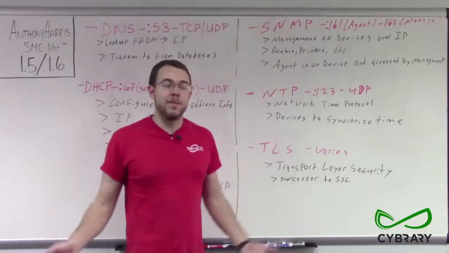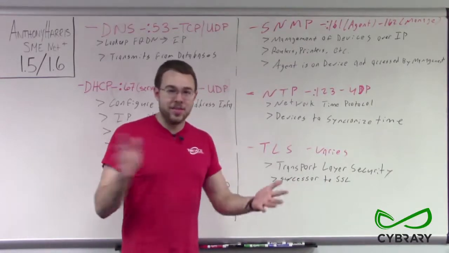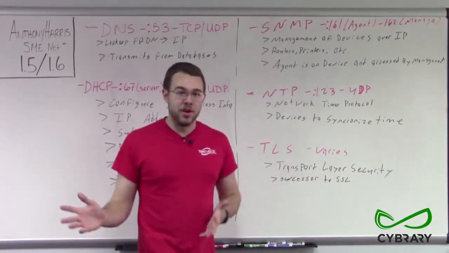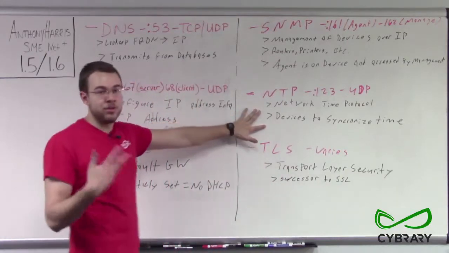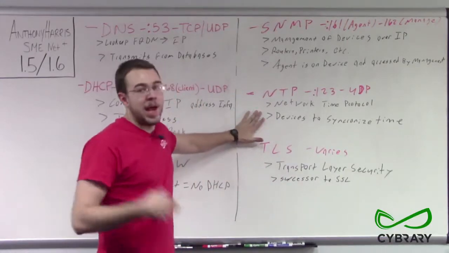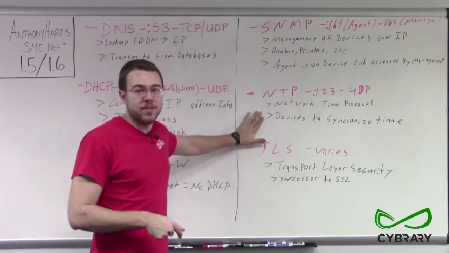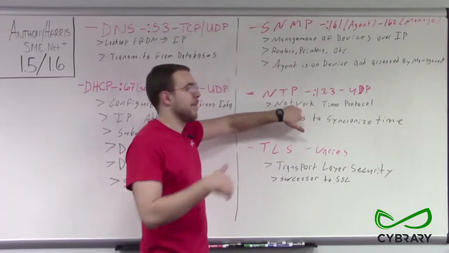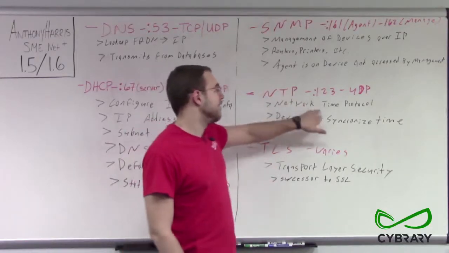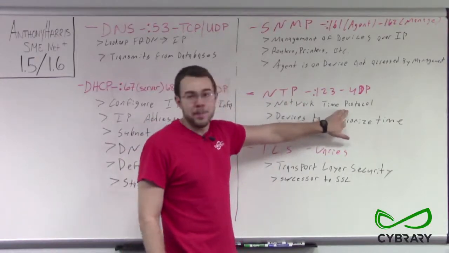We don't want an environment where all of our devices are off by a minute or two from each other. So using Network Time Protocol, we can set up a single server that manages the time and keeps it consistent throughout all the devices on our network, and sets the time on all of our devices by using NTP.